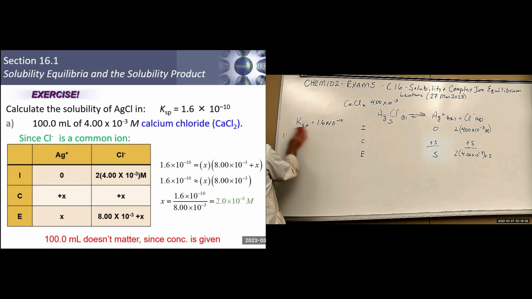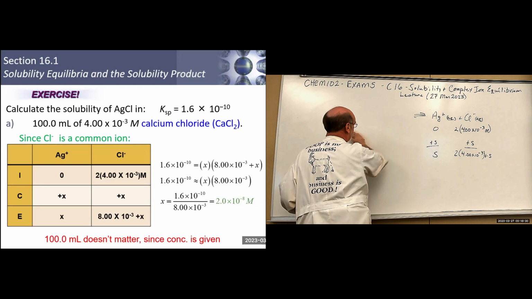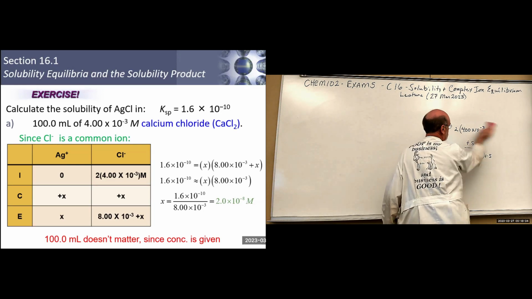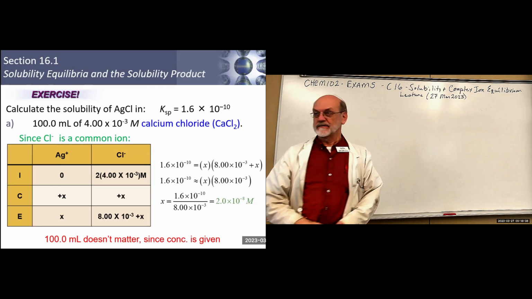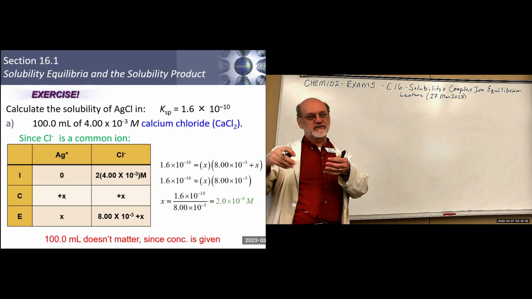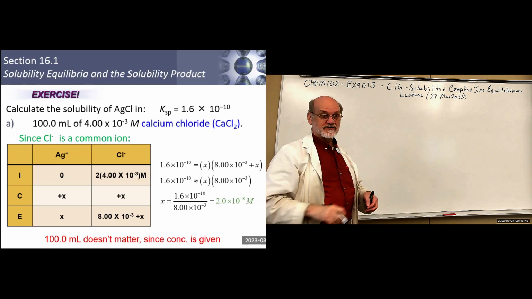Sometimes the volume does matter, but not in this problem. When we do the lab, the volume will matter because we're going to be titrating something with another, and the final volume is going to be different. It's going to be what was in there to begin with, and what you added will change the volume.